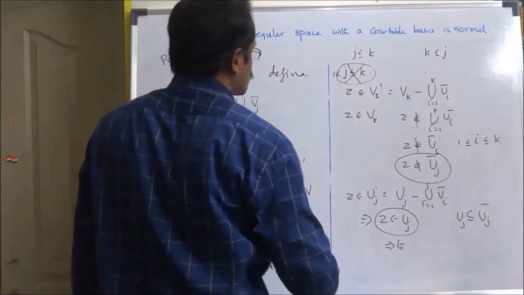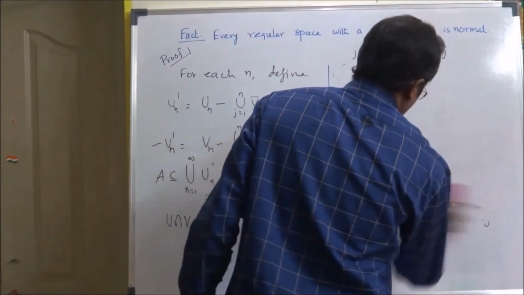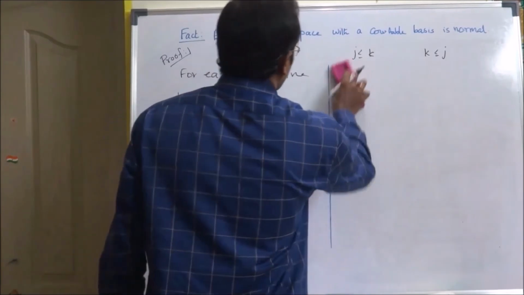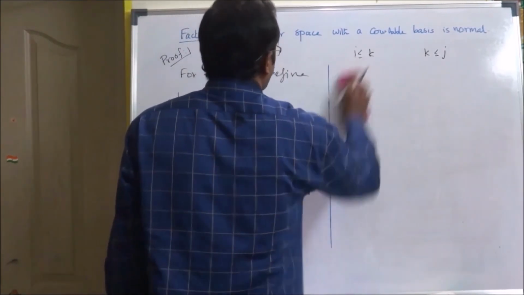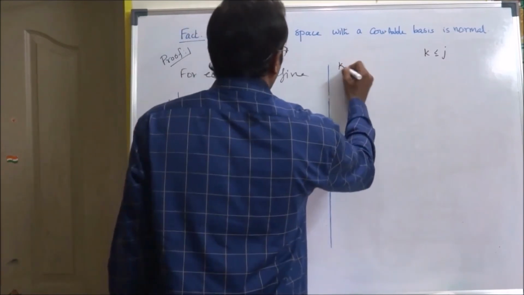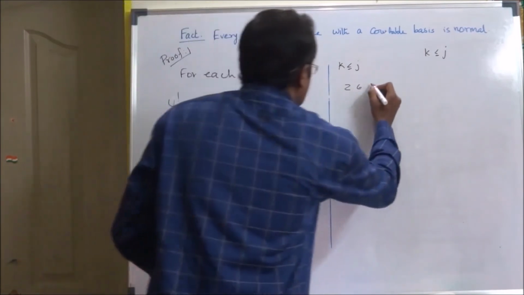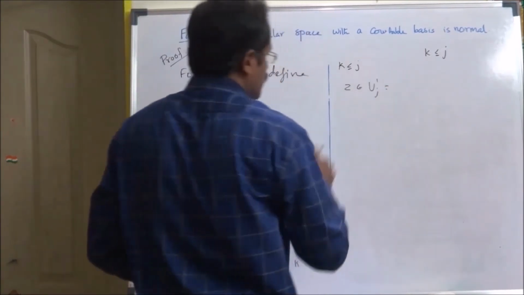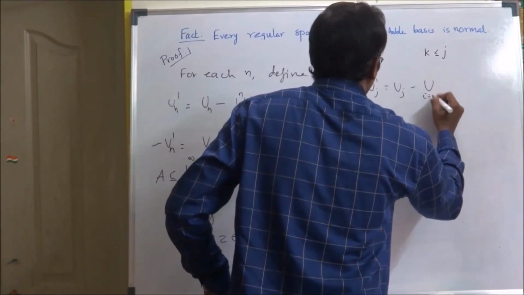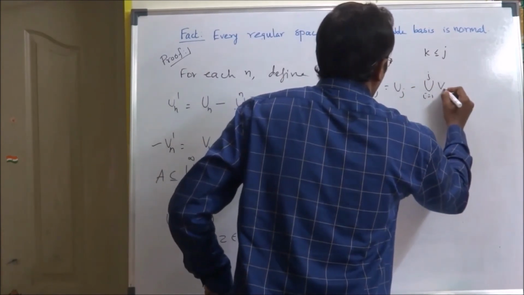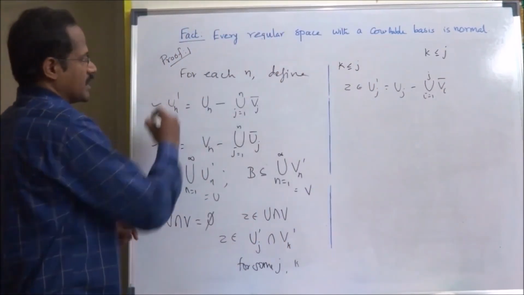Suppose k less than or equal to j. Then you consider Z in Uj dash. That means it is in Uj but not in the union i equal to 1 to j Vi closure. This is the definition of your Uj dash.